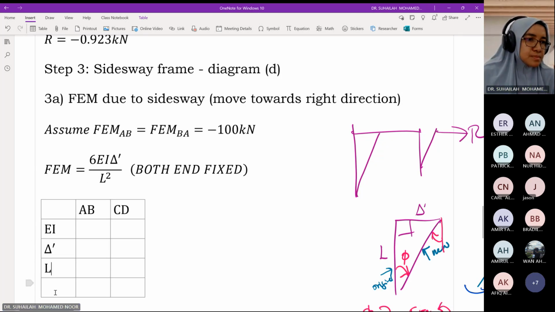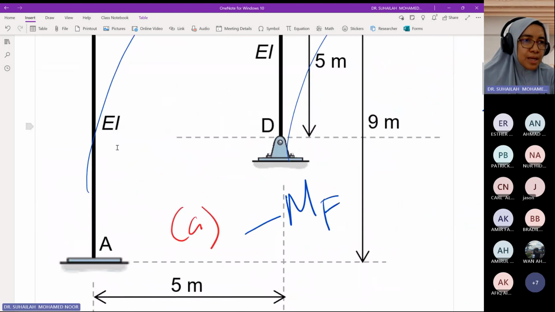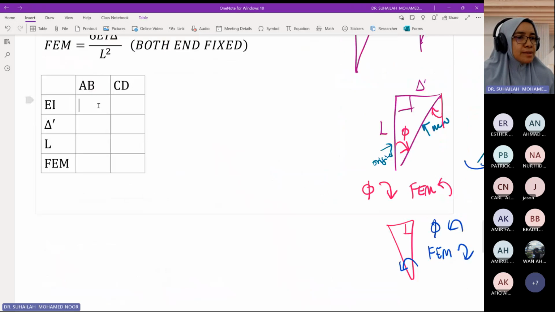So this is FEM. So for AB, EI, look at the question, it is 1. Okay, 1. EI for CD also 1. So put 1 here. It means the ratio between EI for both is the same.